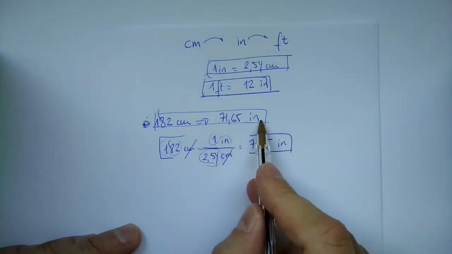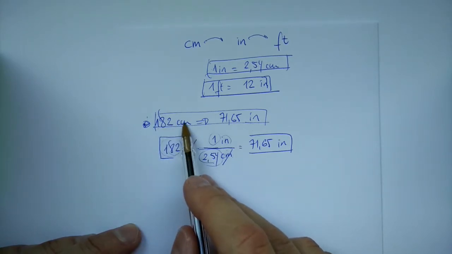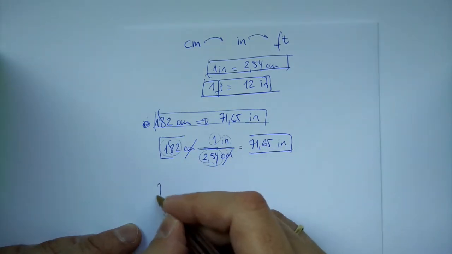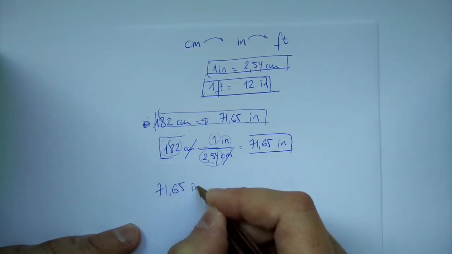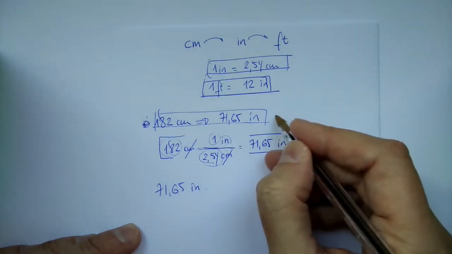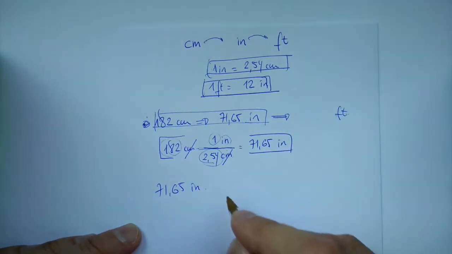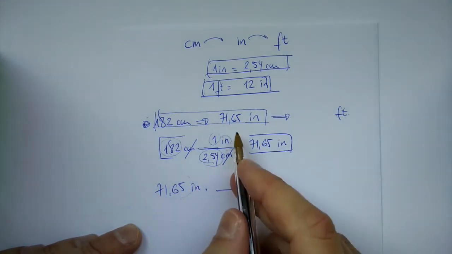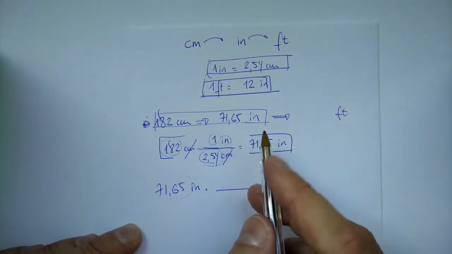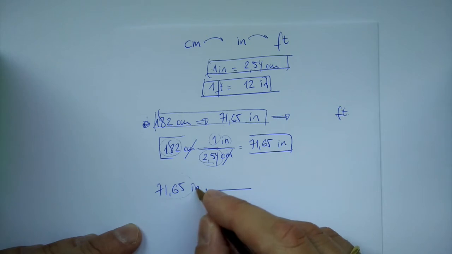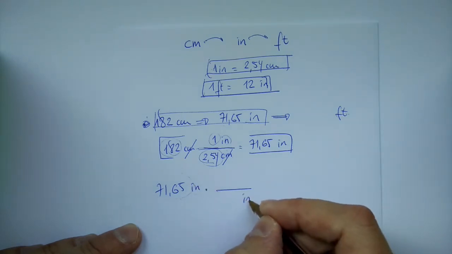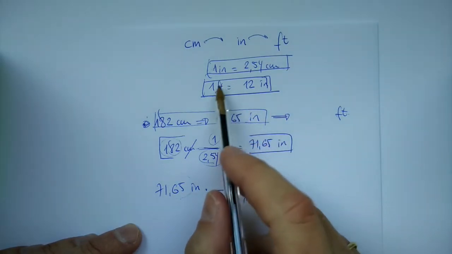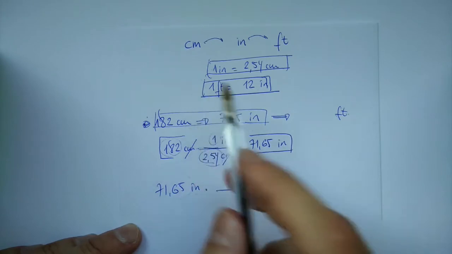Now, in the American system, height is measured in feet and inches. So how can we convert 71.65 inches into feet? Let's take 71.65, and we have a conversion factor with inches and feet. So in the denominator, we have inches, and in the numerator, we have feet, and I know 1 foot is 12 inches.